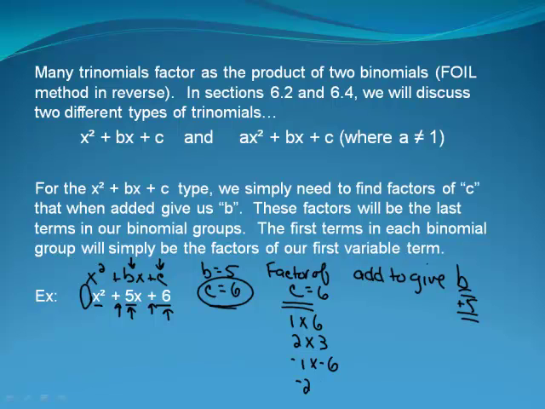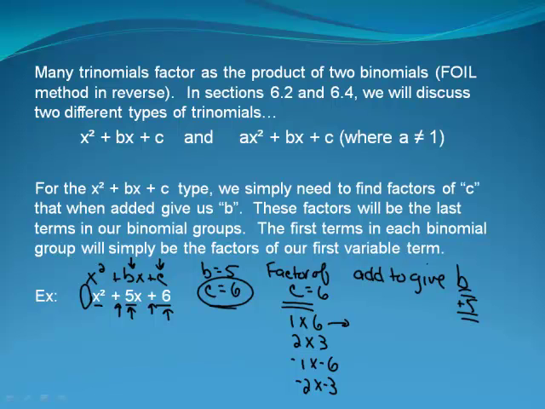Or negative 2 times negative 3. That product also gives you a positive 6. So here's what you want to ask yourself. Of those 4 factorizations, all of them, when you multiply them, give you positive 6. Are there any that, when you add them, give you a positive 5?